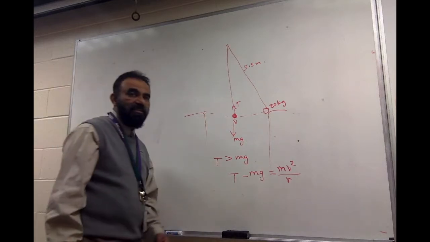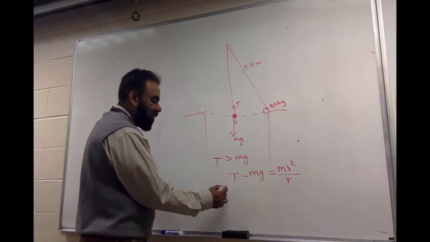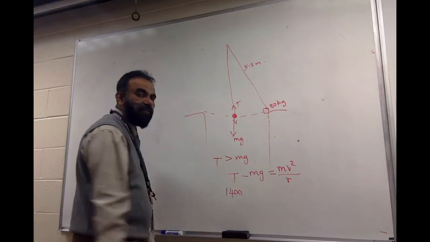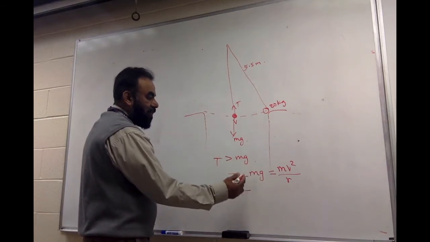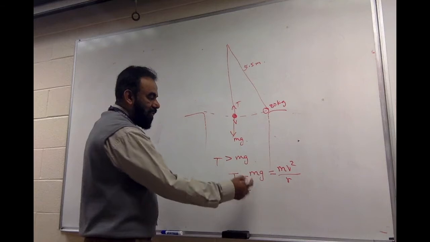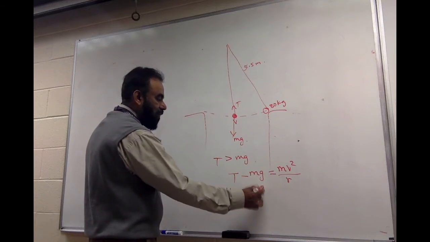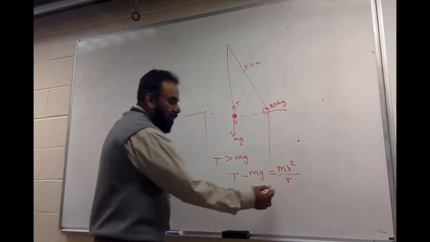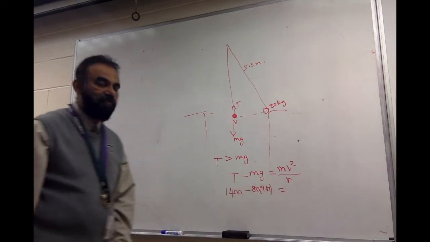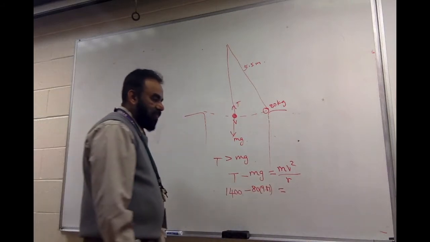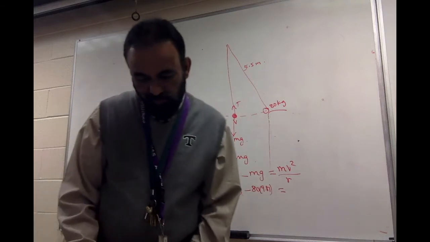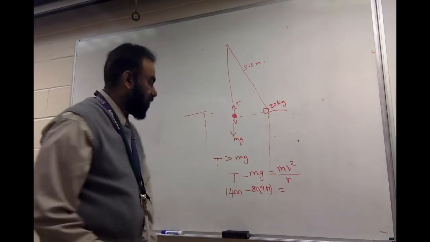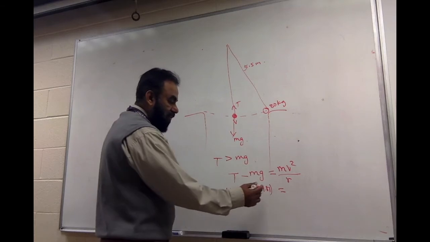And they told you T is 1,400. He cannot tolerate more than that. And his weight is 80 times 9.8, because we are assuming that Tarzan is on Earth.